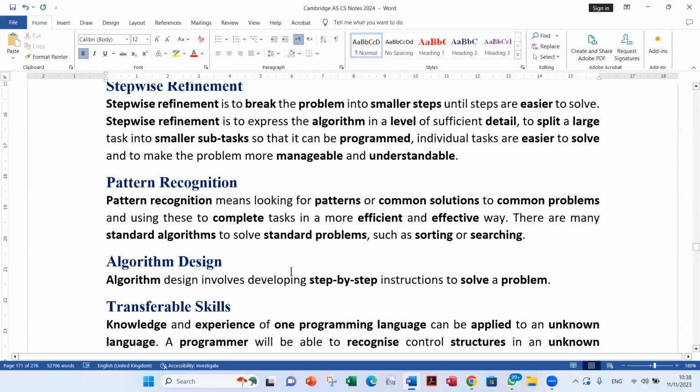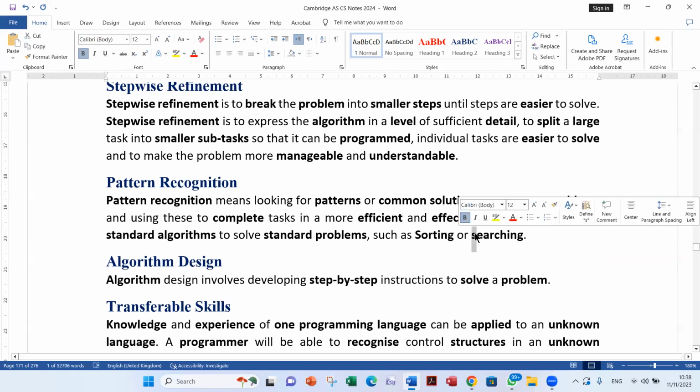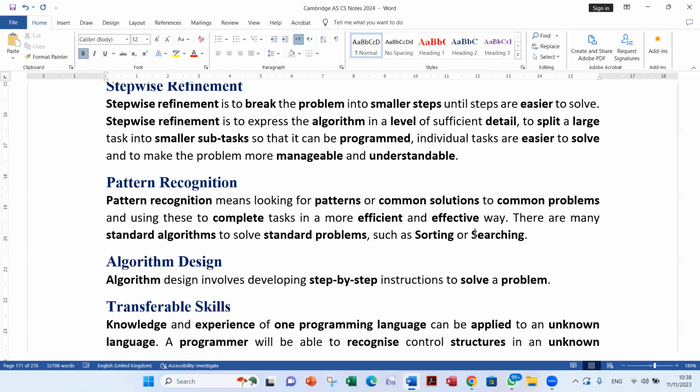There are many standard algorithms to solve standard problems such as sorting and searching. You should have studied that. We will also be studying it in the AS. There is a chapter about sorting. We call it bubble sort.